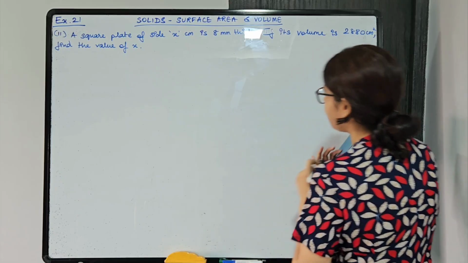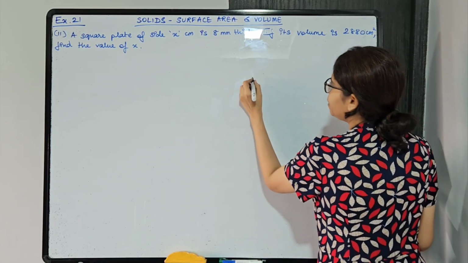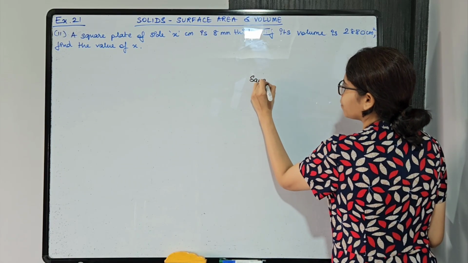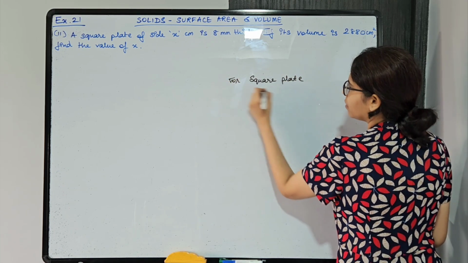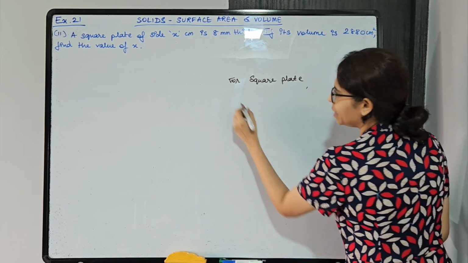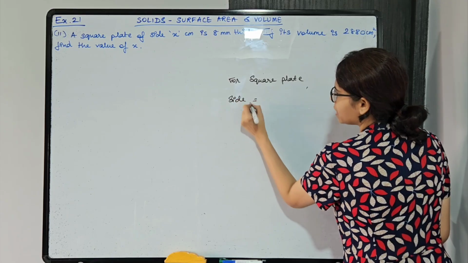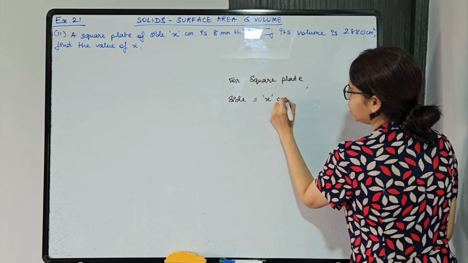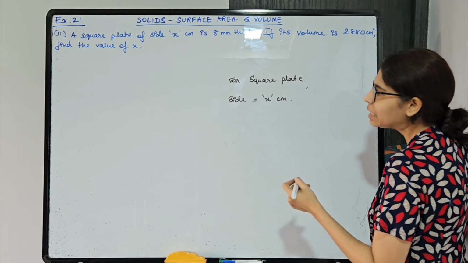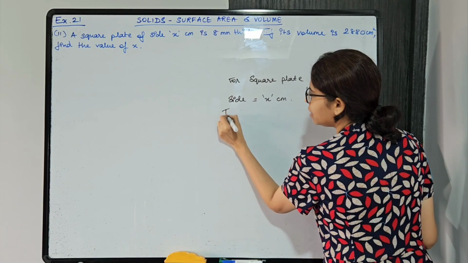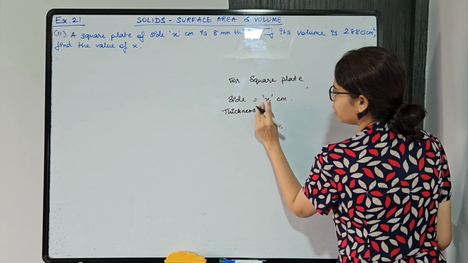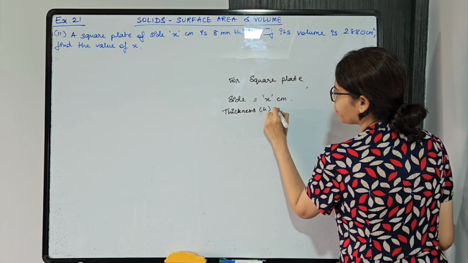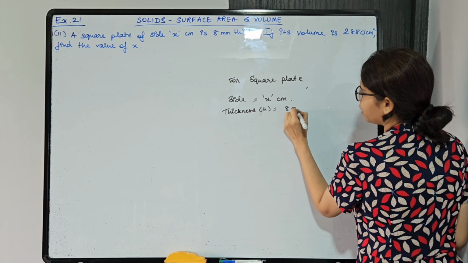So for the square plate, we are given the side is x centimeter, thickness दिया है, that is thickness is nothing but the height, right? thickness बोलो या height बोलो, it is 8 mm.